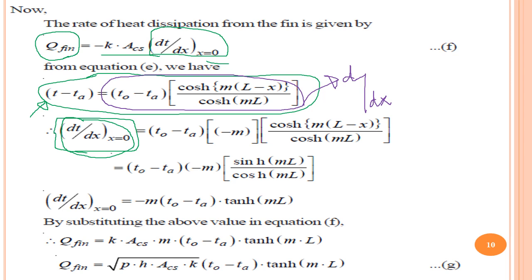Again, when we simplify it, we have to put x equals 0 in this case. So here we are putting x equals 0 and we will get the answer at a later stage. At that stage, you have to put x equals 0.